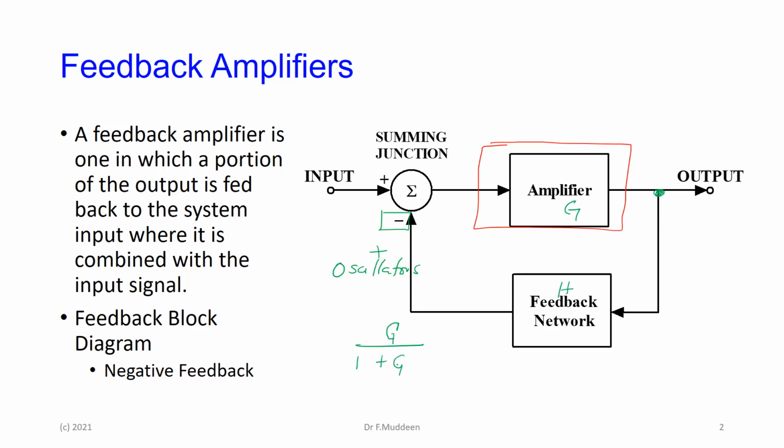The closed loop gain: if the open loop gain is G, the closed loop gain is going to be a little bit less than G. So it's reducing the open loop gain, but it's going to give us some advantages, as we will see.